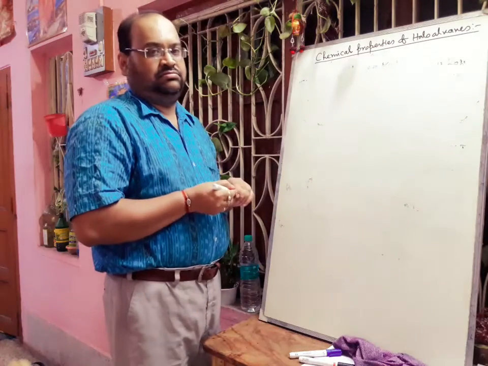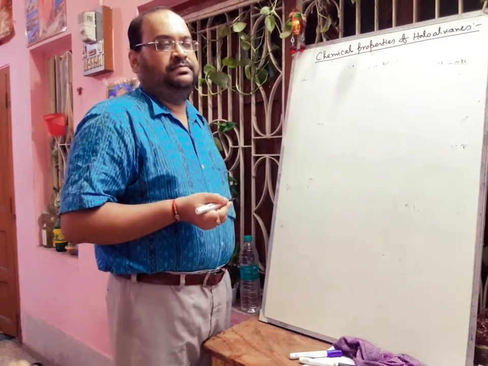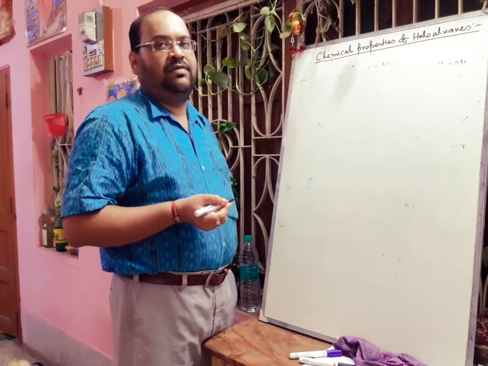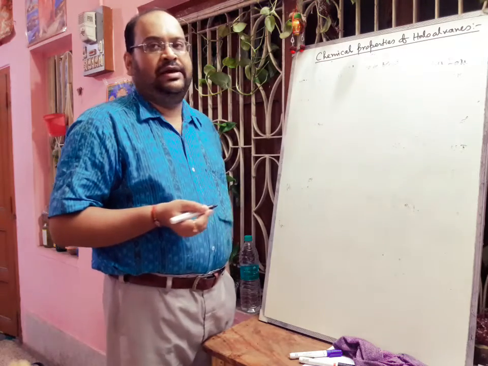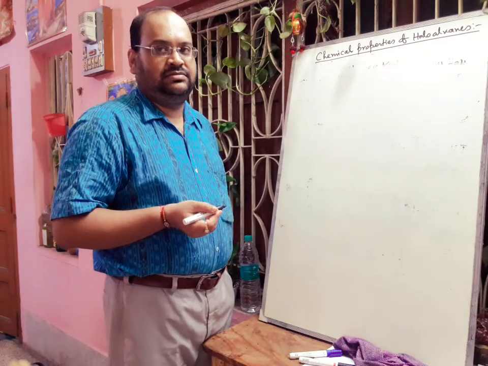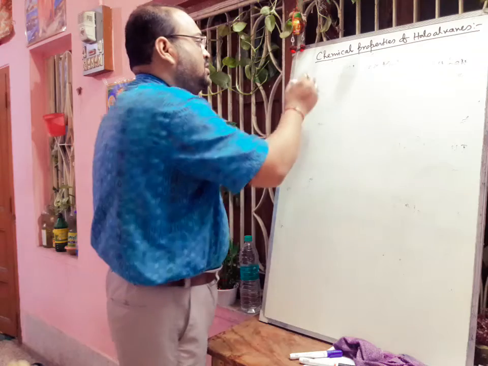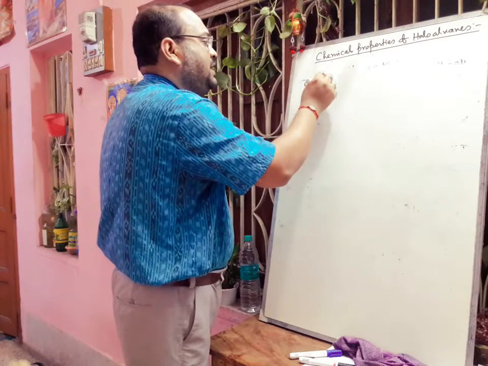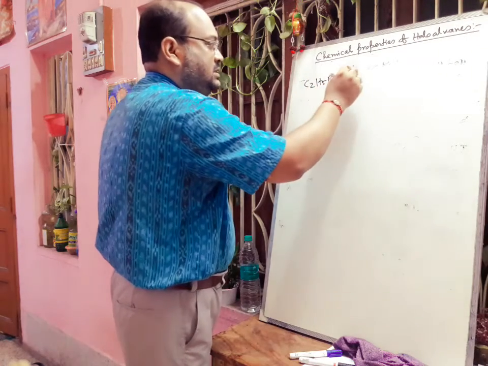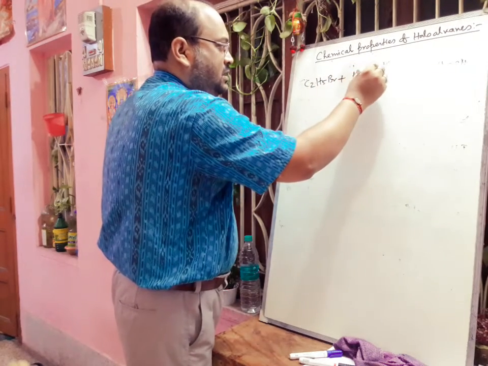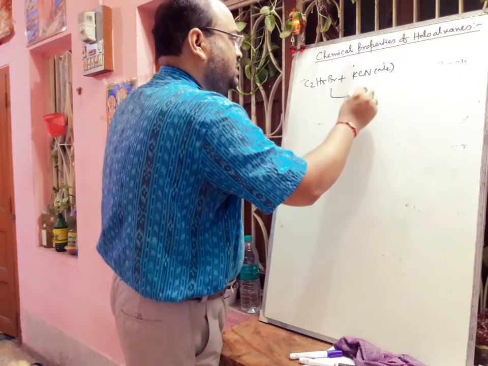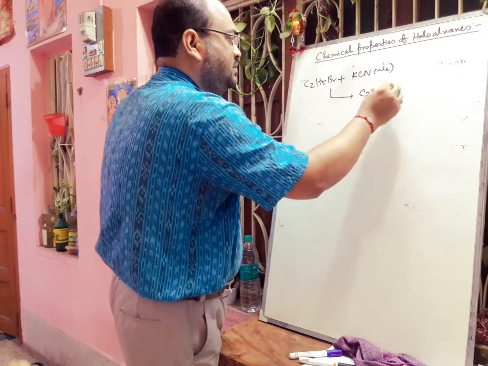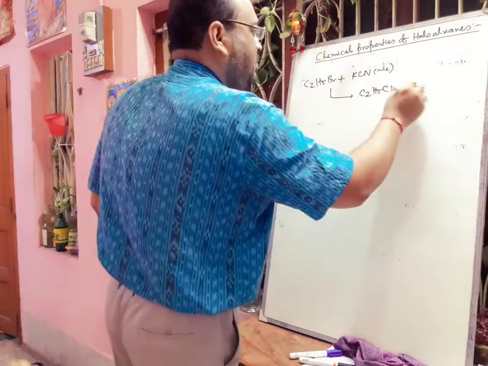If we take the example of substitution reaction of alkyl halide by potassium cyanide, C2H5Br plus alcoholic KCN, then from here we will get C2H5CN, ethyl cyanide, plus KBr.